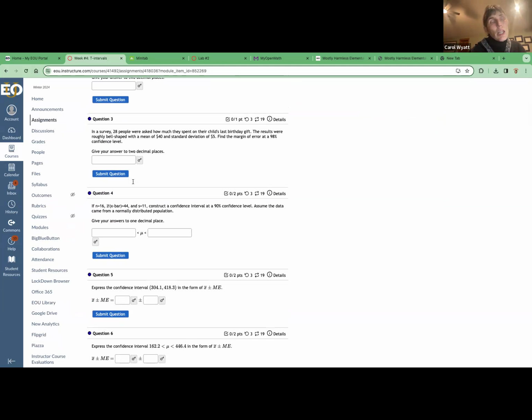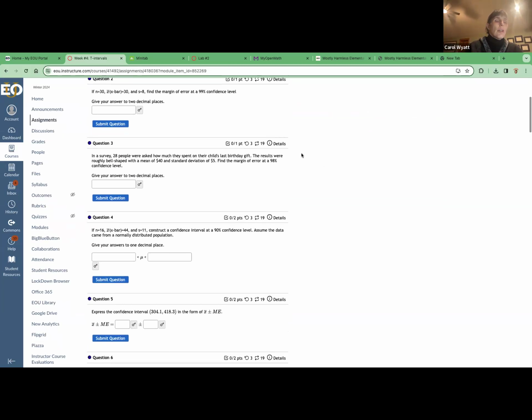So we're just looking at the thing that you would plus or minus here. So remember, the margin of error is your t critical value. We're doing t intervals here. So I go distribution, inverse t, my area.